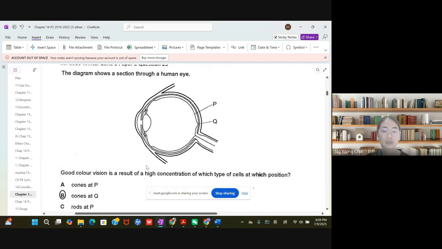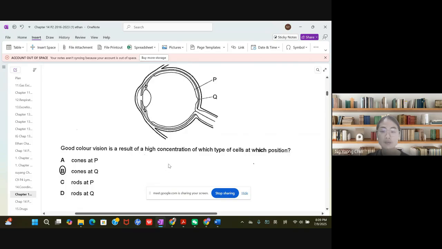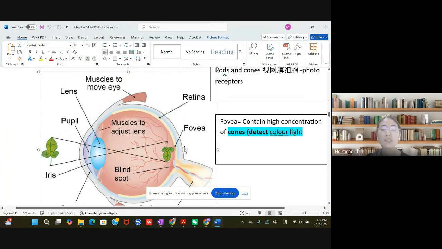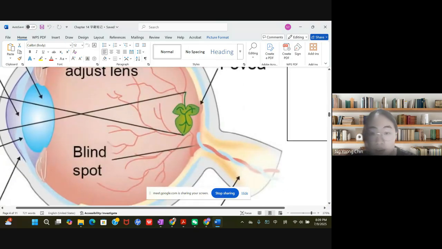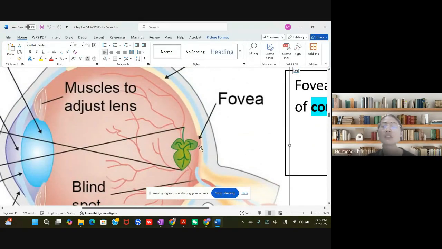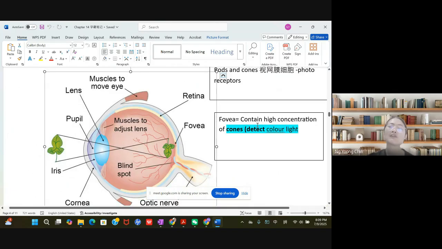This shows good color vision as a result of a high concentration of which cell at which position. This is point Q. As you can refer to my notes, this location is the fovea. You can see there is a small groove at this part, and we call it the fovea. The fovea has a very high concentration of cones.